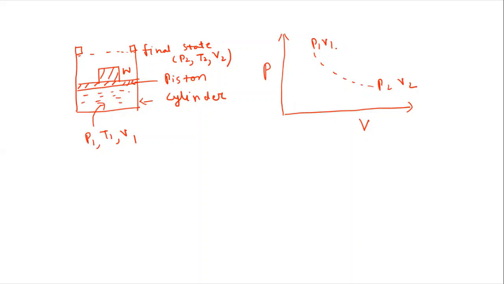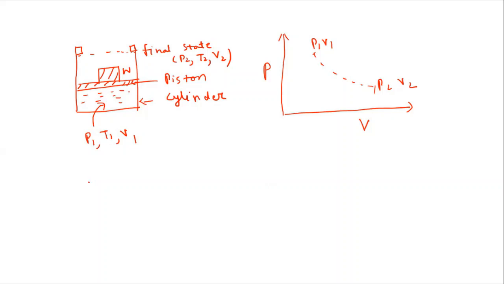The initial state is in equilibrium and the final state is again in equilibrium. But in between, we have infinite non-equilibrium states because the process is taking place very fast.